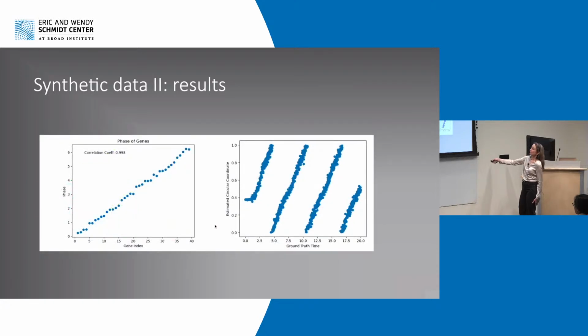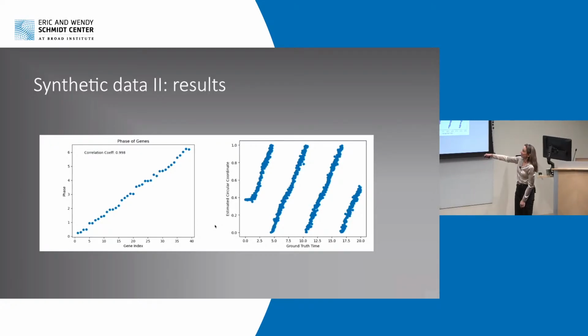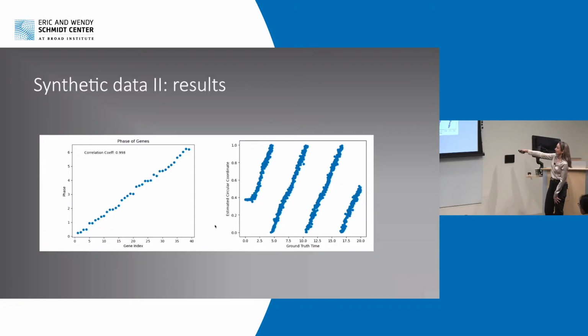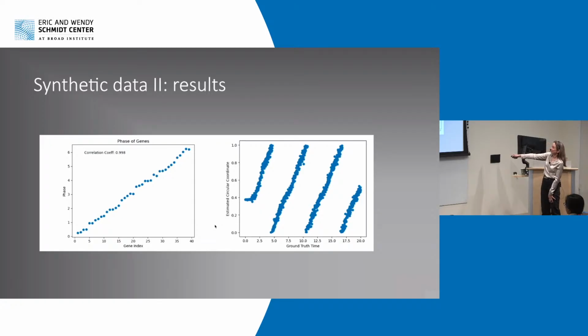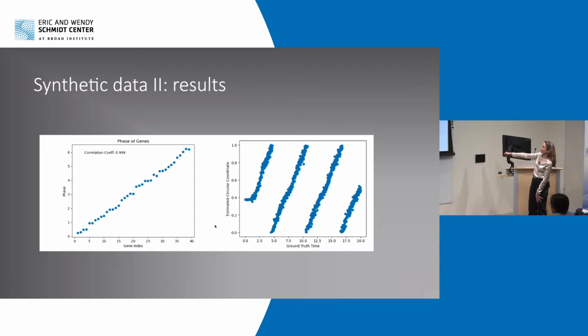Again, here we're looking at plotting the gene index, which is saying the order in which the genes are actually activated in this synthetic data. And then the corresponding phase, which is computed from the gene expression data. And we say that, again, it aligns very, very nicely with a coefficient of 0.998. And then we look at here, there is a time element when you're looking at these ODEs.